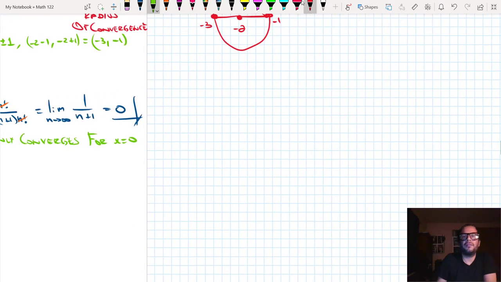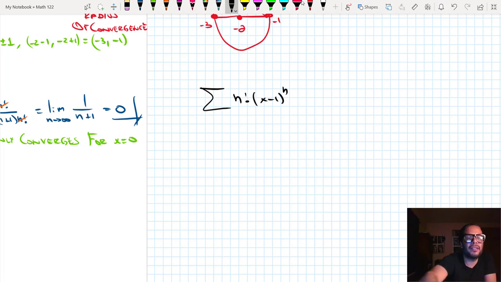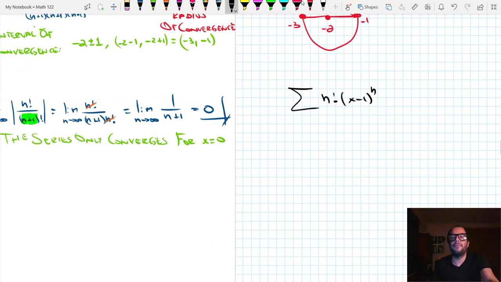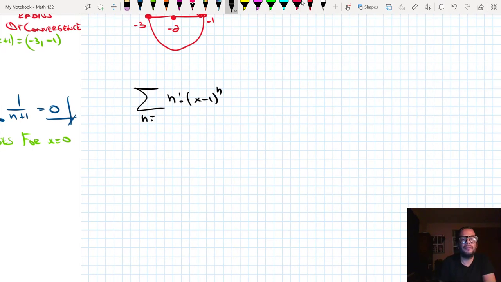Let me give you a few. Let's examine this series: sigma n factorial times x minus 1 to the nth power, starting at n equals 1 to infinity. So for x equals 1, which is the value at which the series is centered, we are going to have sigma n equals 1 to infinity of n factorial.